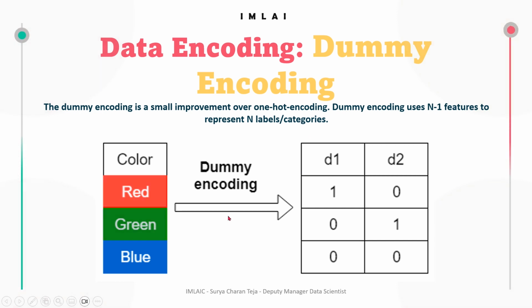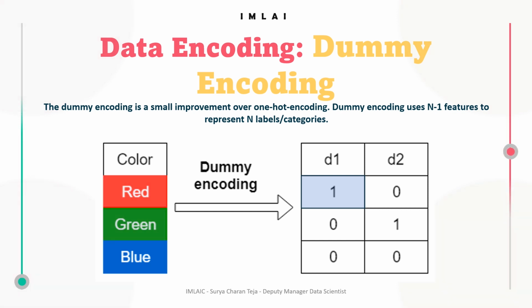So 3 minus 1 gives 2 dummy features: d1 and d2. If the value of that color variable is red, then d1 is 1 and the other is 0. If it is green, d1 would be 0 and d2 would be 1. If it is blue, neither d1 nor d2, you will have 0 0. This kind of encoding is called dummy encoding. I hope you got it.